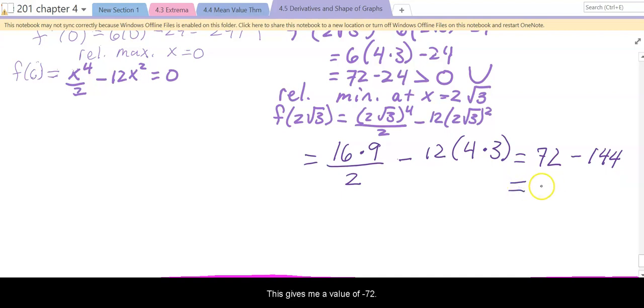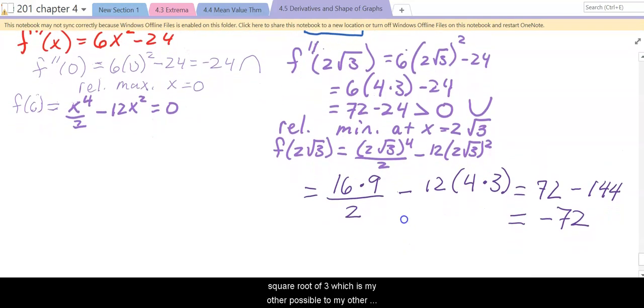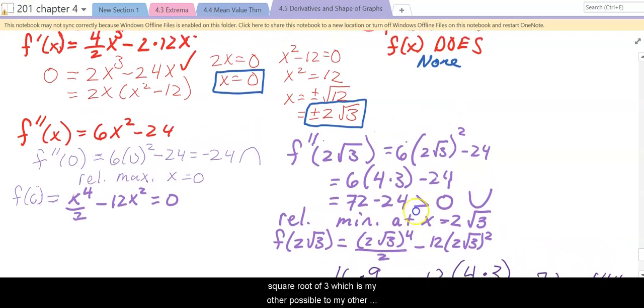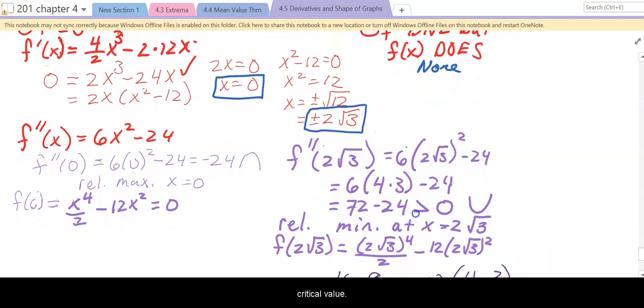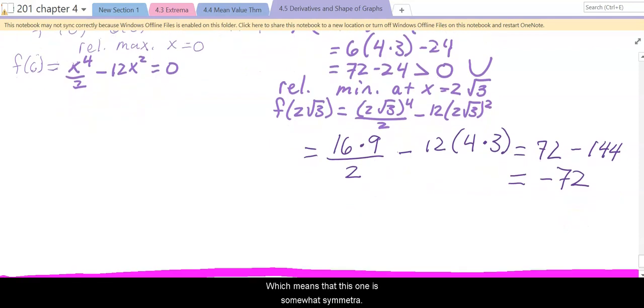This gives me a value of negative 72. That means that my relative minimum value is negative 72 occurring at 2 square roots of 3. Because the powers in the original function were both even, I would get the same values if I plugged in negative 2 square root of 3, which is my other possible point, my other critical value, which means that this one is somewhat symmetric.